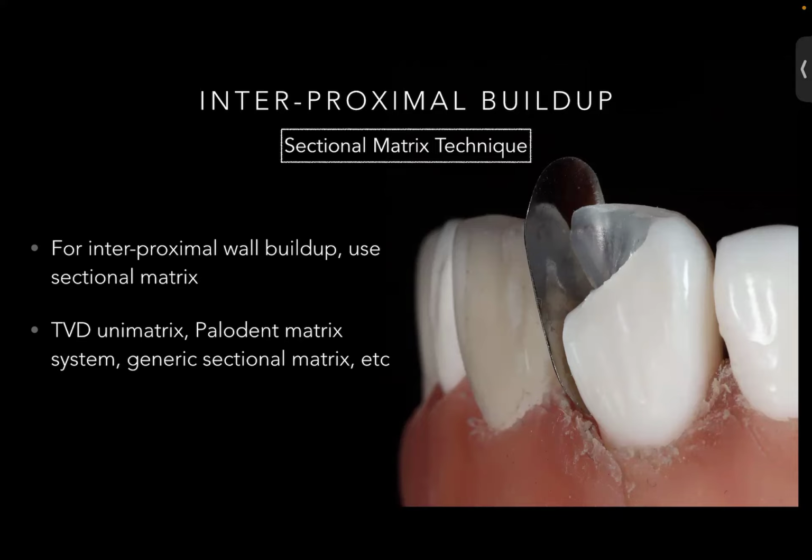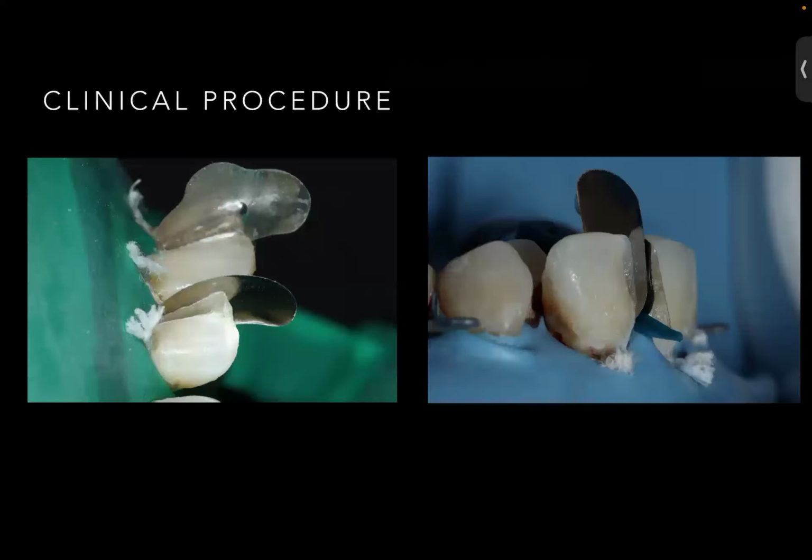The first method is the sectional matrix technique, which I more commonly use, where you basically adapt a pre-contoured sectional matrix and then you just add composite, again the transparent composite itself, and then you just adapt it and cure.